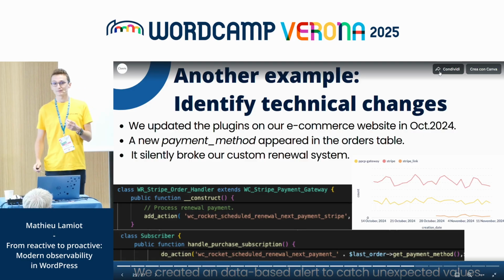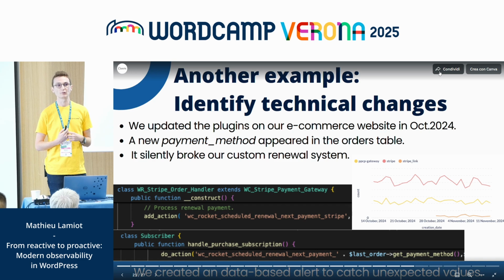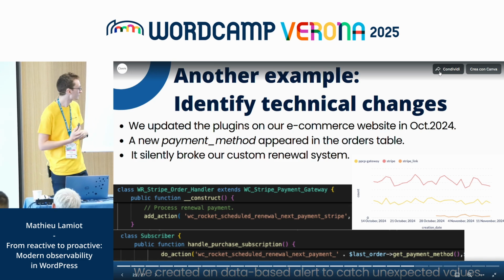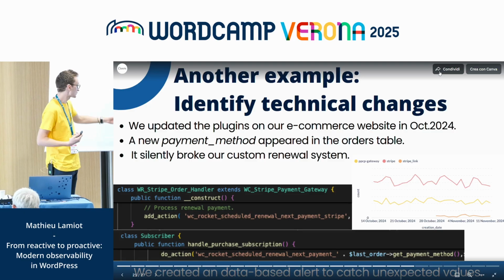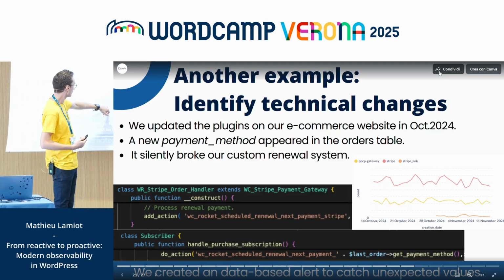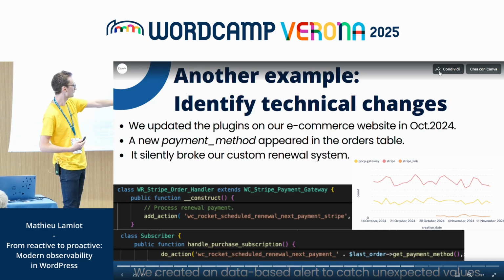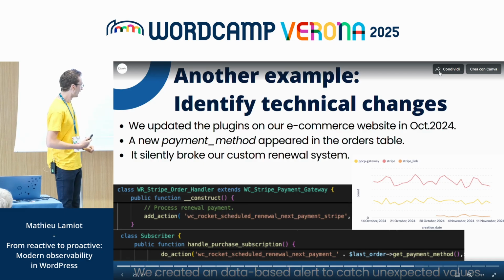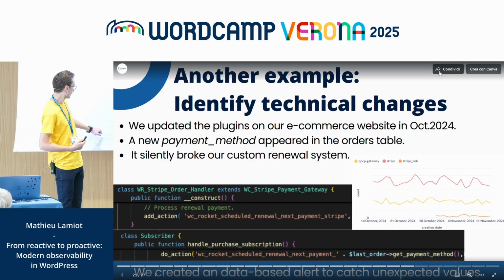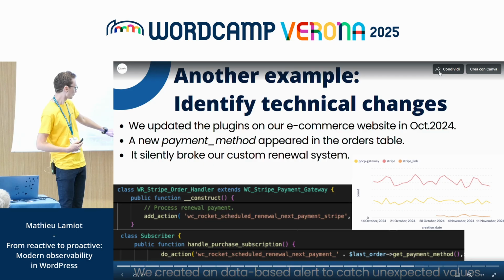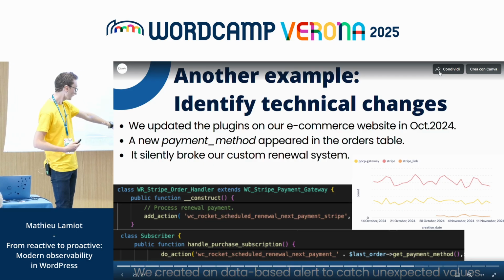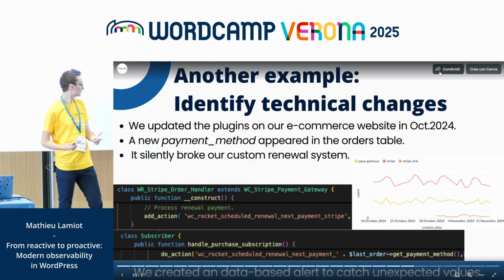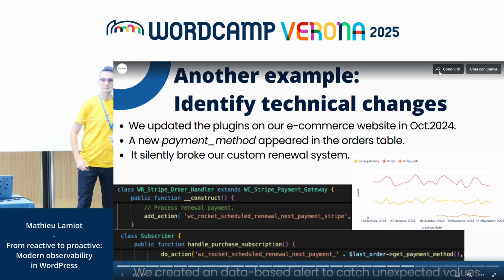The issue that we had is that we do have a custom payment and renewal system. So we do have custom code going on this website. And we do have actions with a very long name, like WC Rocket schedule renewal next payment, underscore Stripe at the end. And we have the same for PayPal. The issue is that we are calling do_action with the exact same slug, but the end, Stripe or PayPal, is dynamically appended with last order get payment method.